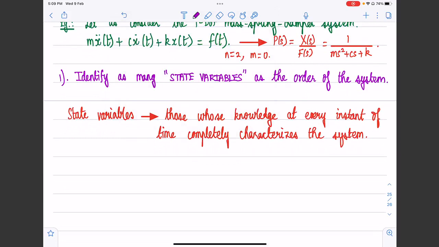Of course, one may also ask how do we choose state variables in the first place. Is there a process to it? Well, we choose state variables based on some physical insight and some intuition. We will realize this as we go deeper into state space representation.